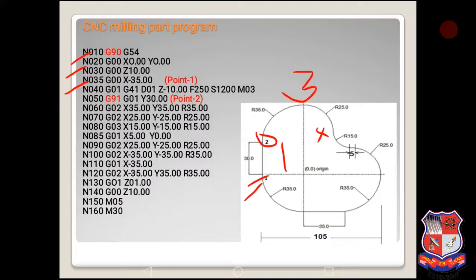Now here the 5 mm straight cut is to be prepared, so we use G01 command and give the value of x coordinate 5 mm and y 0 because there is no movement in y direction. For the next curve, we have to use the G02 command because the cutter has to move in clockwise direction.